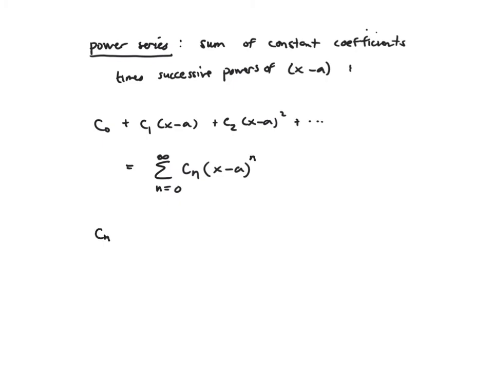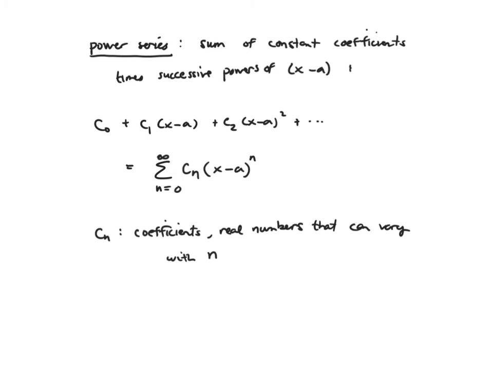All right, so these Cn's, we call them coefficients, as above. These are real numbers that can vary with n. So they generally depend on n in some way. It could be 4 over n. It could be 2 to the n over n factorial.